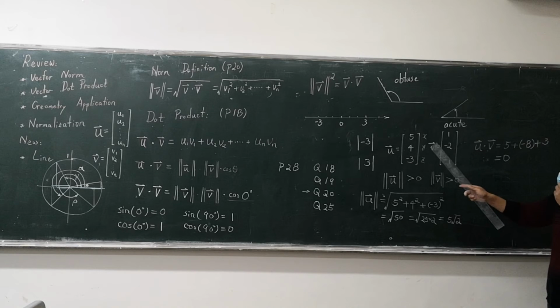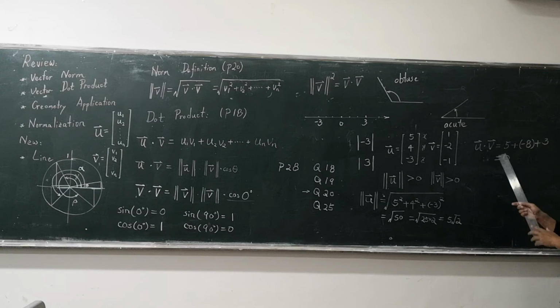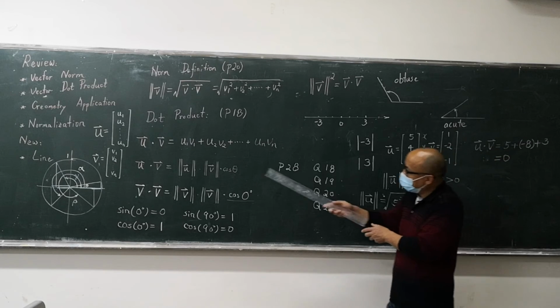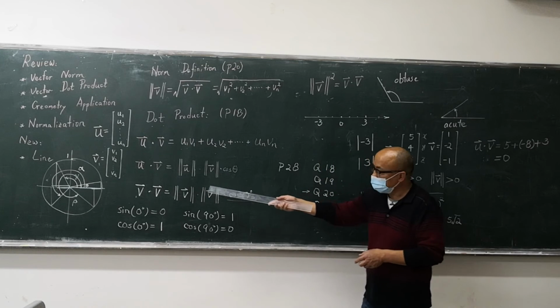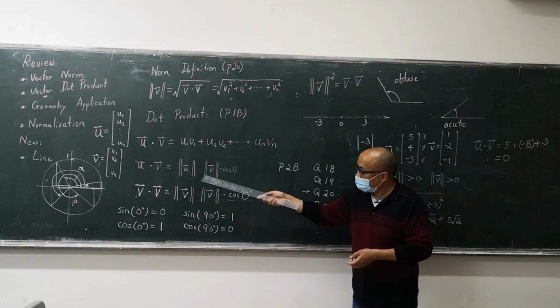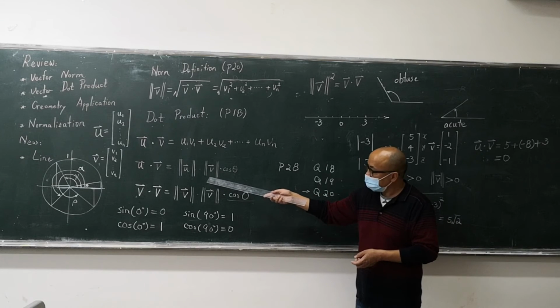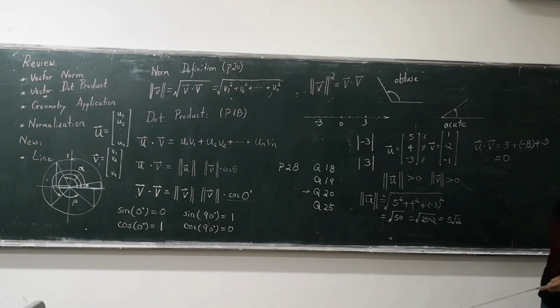When I do this vector dot this vector, it becomes 0. That means the left side is 0. These are two big guys, not 0, pointing over there and pointing over there.